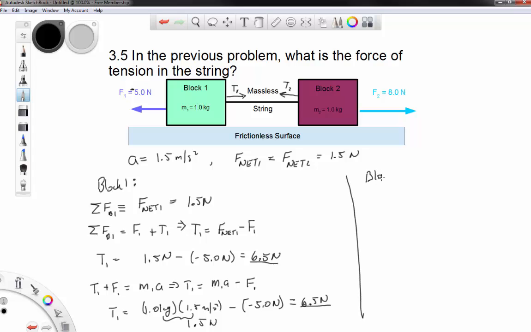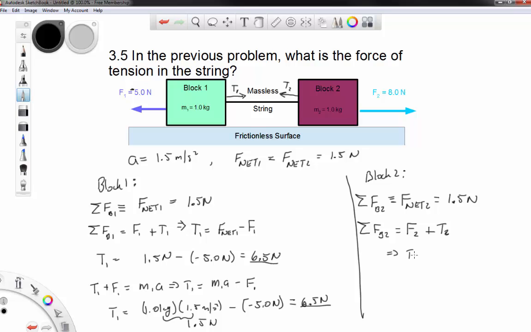Now let's look at block number 2. Block number 2 has the same basic conditions, namely the sum of forces on block 2 is, by very definition, the net force on block 2, and that's found previously as 1.5 newtons. Furthermore, the sum of forces on block 2 must be this force plus this force, so that's F2 plus T2.